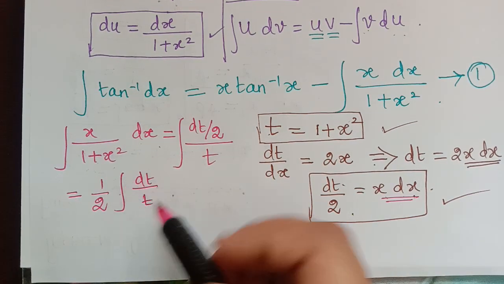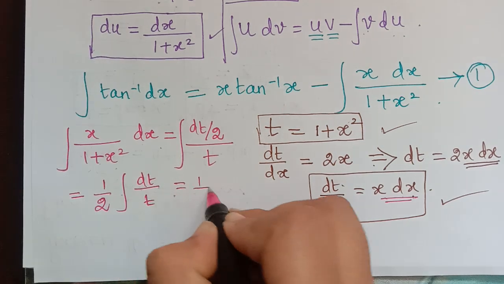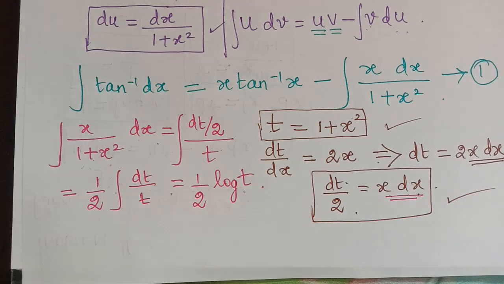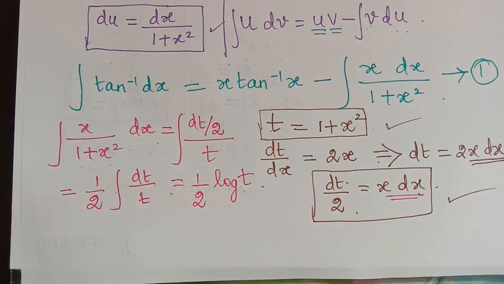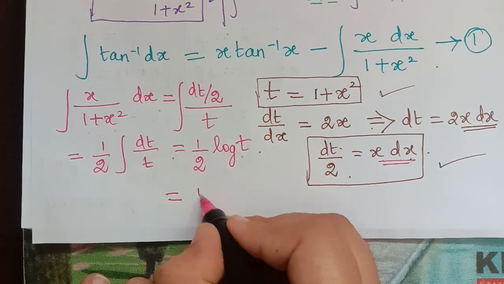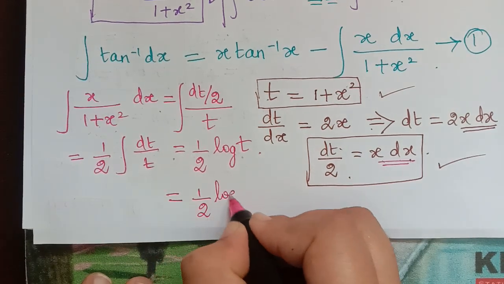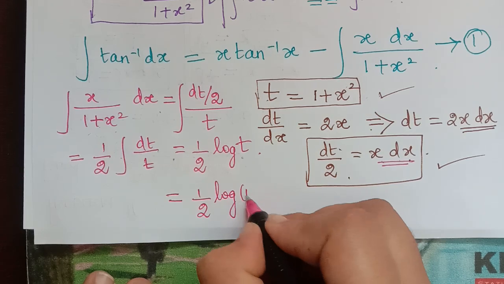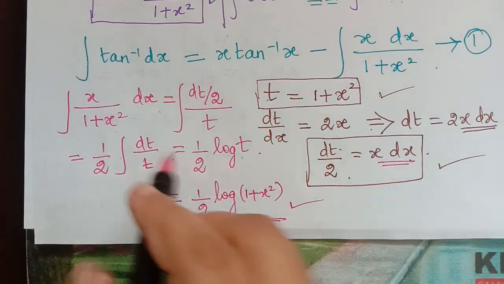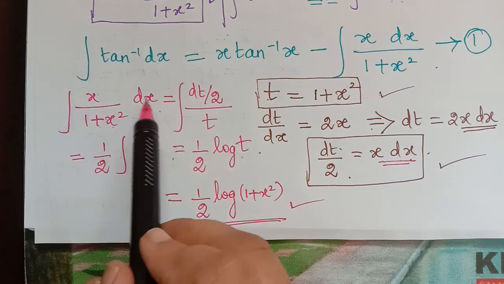We know that it is log t. So that's equal to 1 by 2 log t. What is t? t is 1 plus x squared. So let us substitute that. We get 1 by 2 log of 1 plus x squared. So this is the value of the integral x by 1 plus x squared dx.